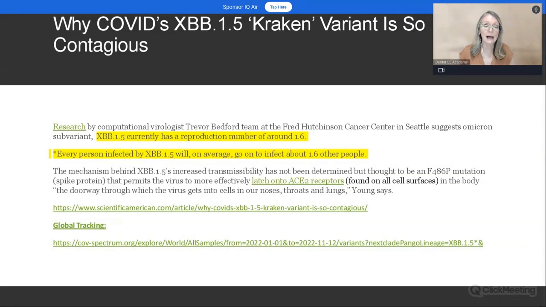The mechanism behind its increased transmissibility hasn't been determined, but it's thought to be a mutation in the spike protein, like all of the other variants, that permits the virus to more effectively latch onto ACE2 receptors that are found on all cell surfaces in the body.